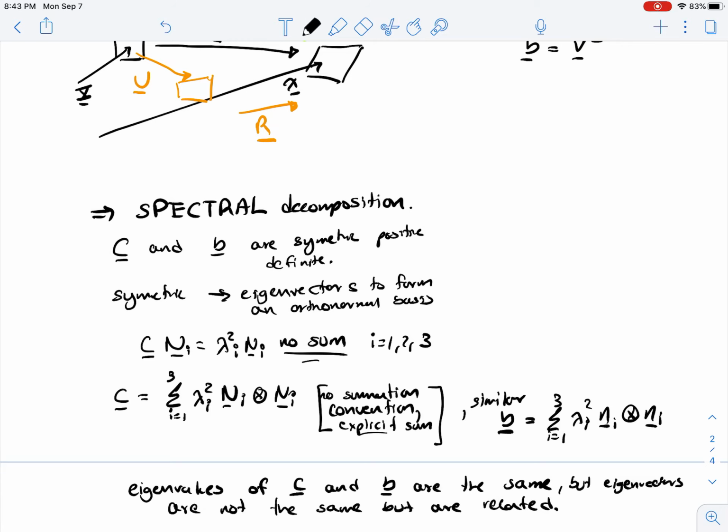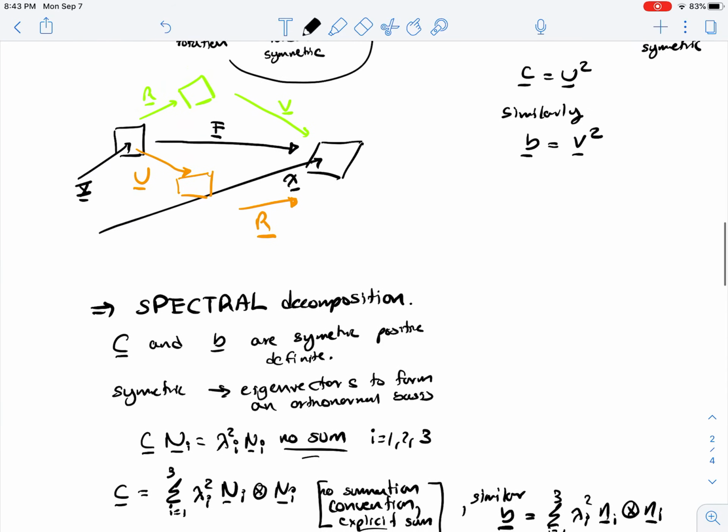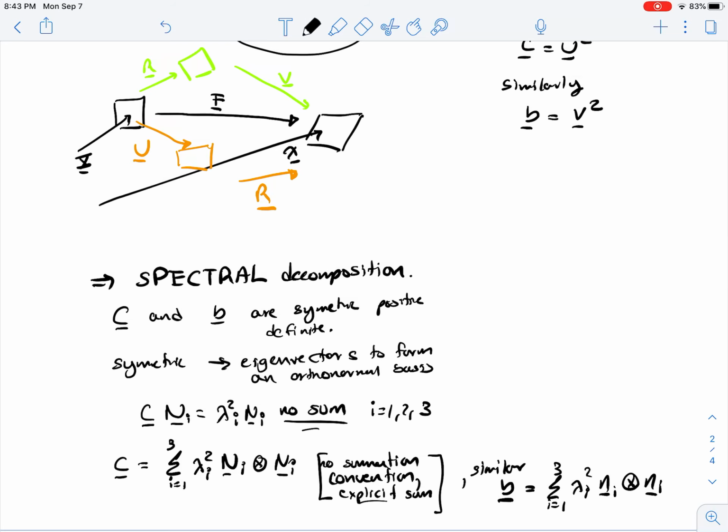It's very simple, but I want you to tell me what the relationship is between the eigenvectors of C and the eigenvectors of B.